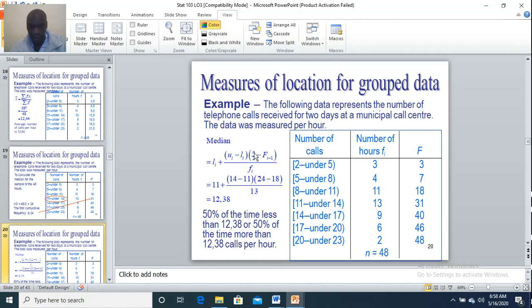N over 2 is 48 divided by 2, which is 24 here. Then the cumulative frequency before this group was 18. Then we divide by the frequency of this group, which is 13. The lower limit of the group is 11. Then you calculate.